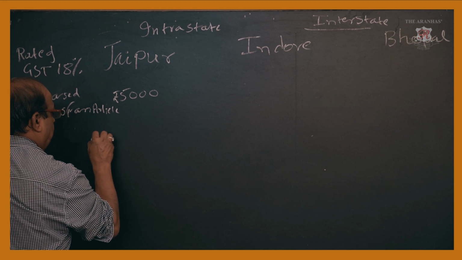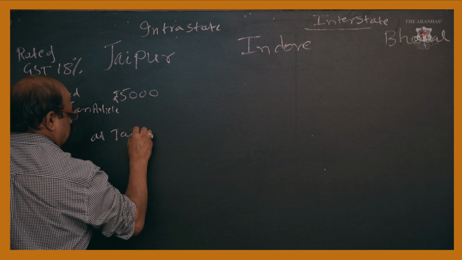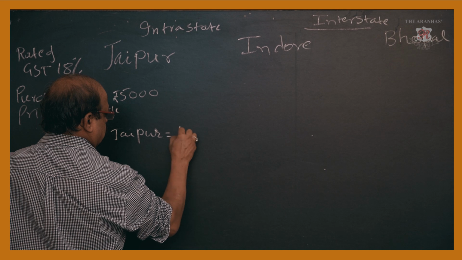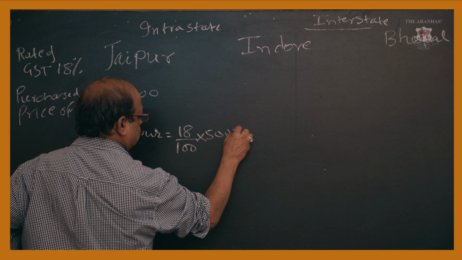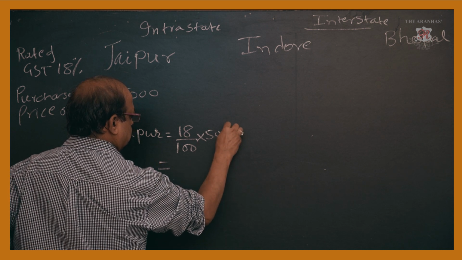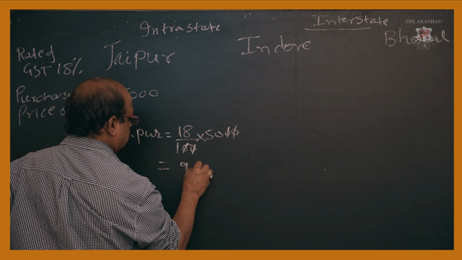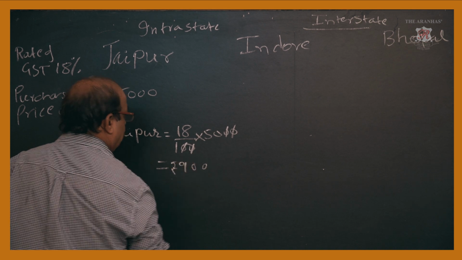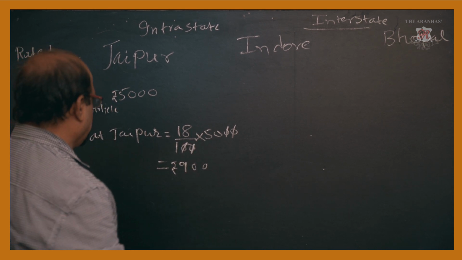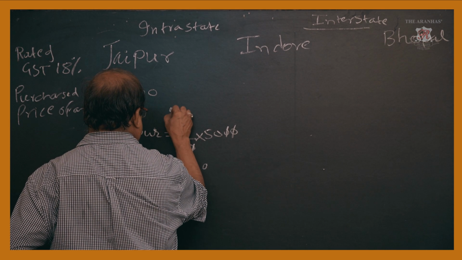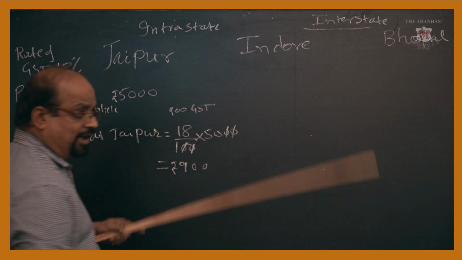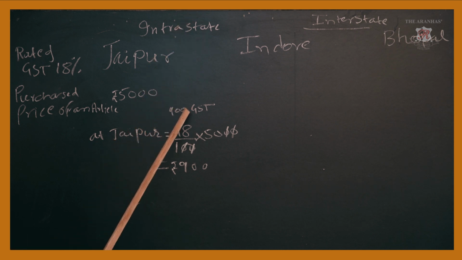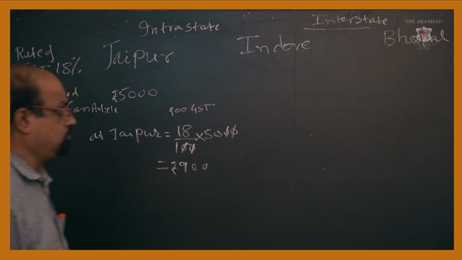So at Jaipur, ₹900 GST paid. Since it is intrastate, we will take only GST that will go directly to the central government.